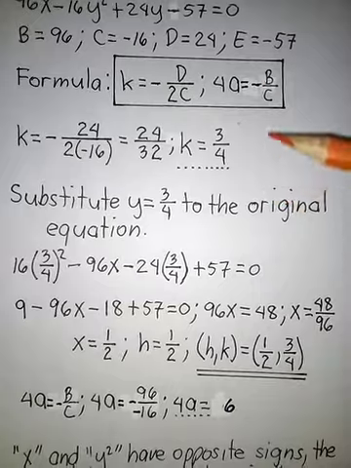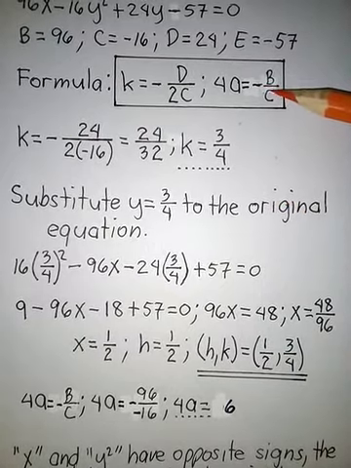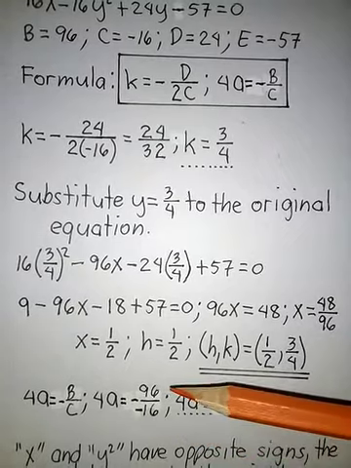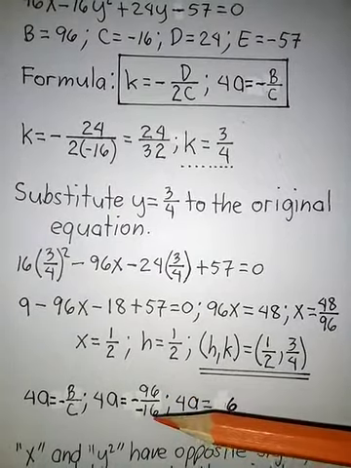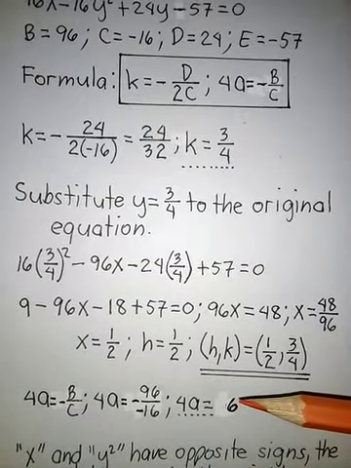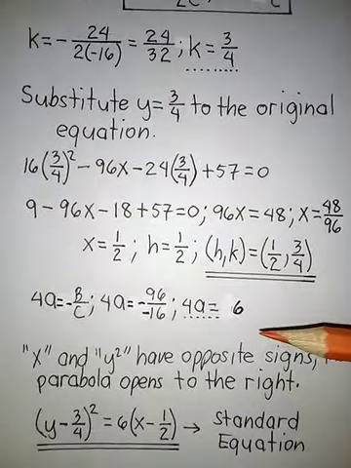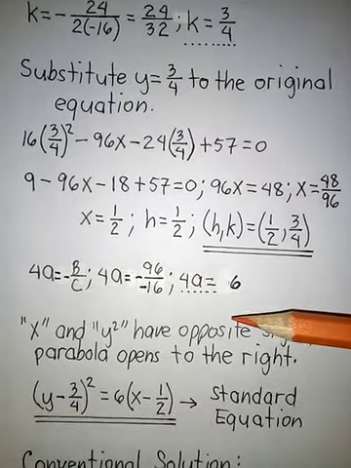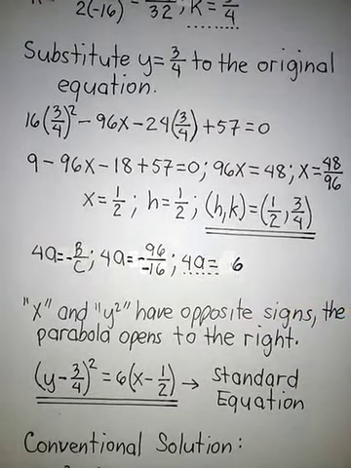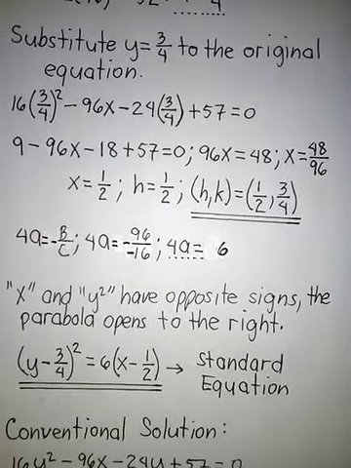So, for the value of 4a, we will use this formula, negative b over c. So, 4a is equal to negative 96 over negative 16, which is equal to positive 6. So, we have here x and y squared have opposite signs, so the parabola opens to the right.